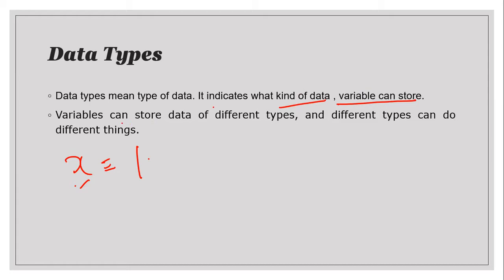So a variable can store data of different types. Different types can do different things. For example, x is equal to 1. So this is numeric data. So what can we do with numeric data? We can do plus, minus, multiplication, or division, etc. Suppose it would have been a name.